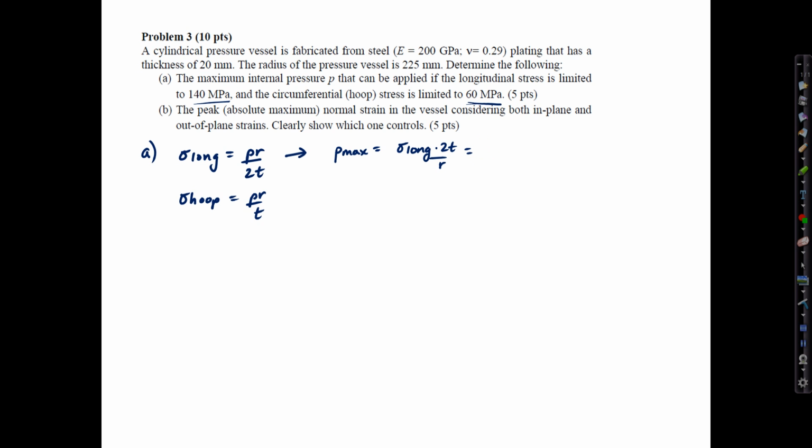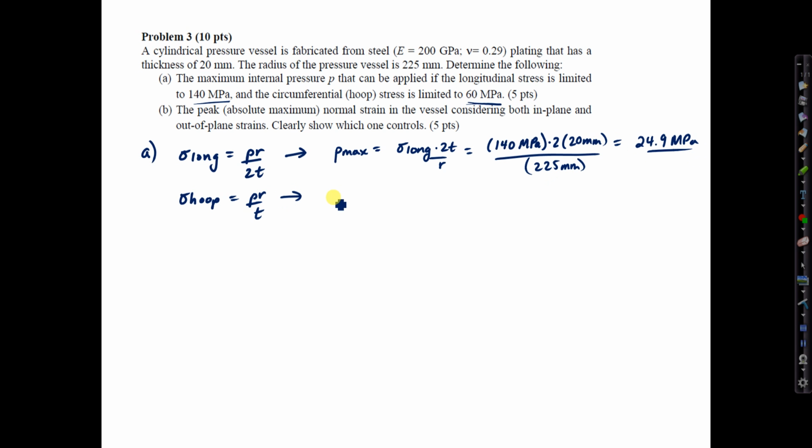We'll go ahead and substitute the stress limit for the longitudinal stress, 140 megapascals, times 2 times the thickness, given as 20 millimeters, divided by the radius, given as 225 millimeters. And the answer that we get is 24.9 megapascals.